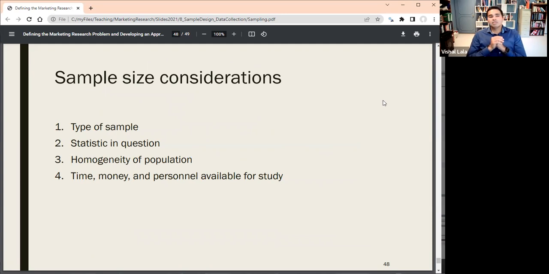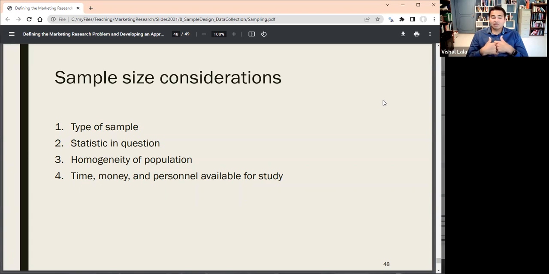Okay, so to sum up here, the equation makes it look really easy, like you can just plug in a few numbers and figure out the projected sample size for the study at hand. But let me go back to point number 2 out here, the statistic in question. In the example we had, we're looking at one statistic, using that to drive our decision, based on how much precision we want and the standard deviation, and so on, we're figuring out sample size.